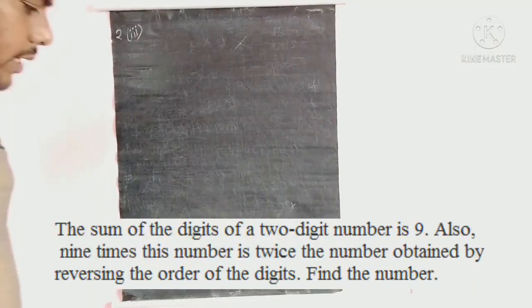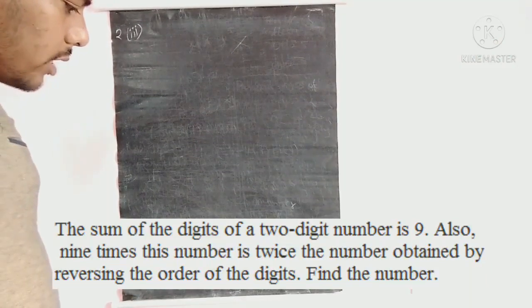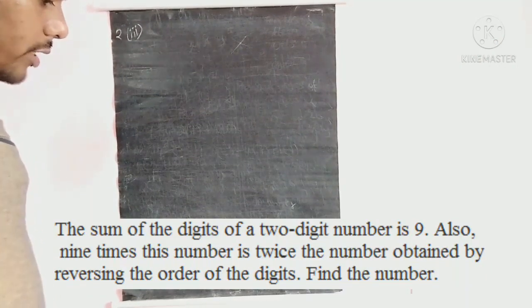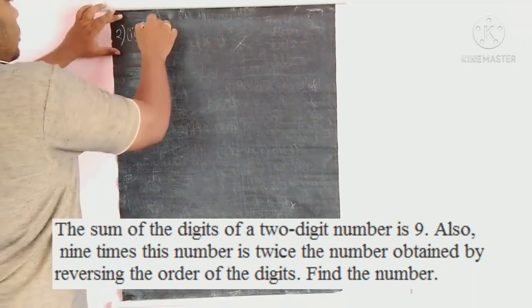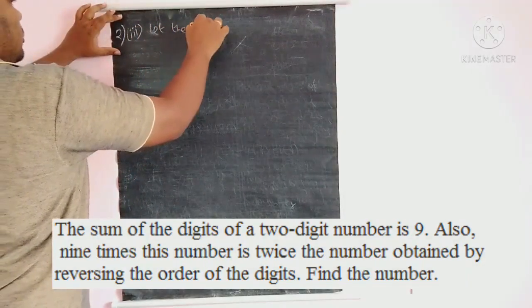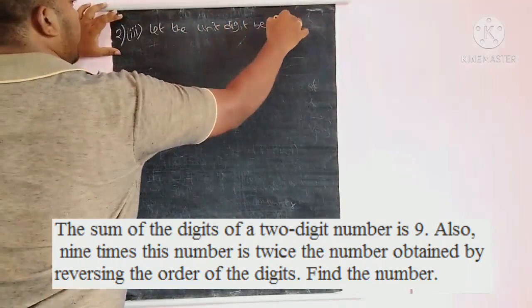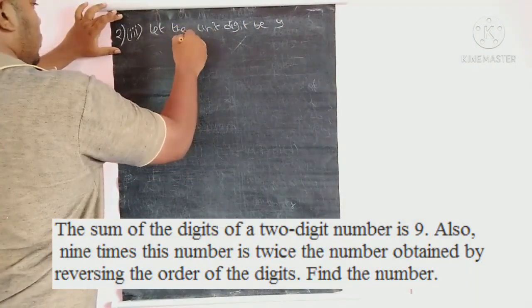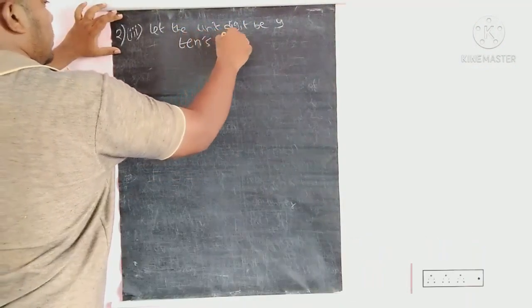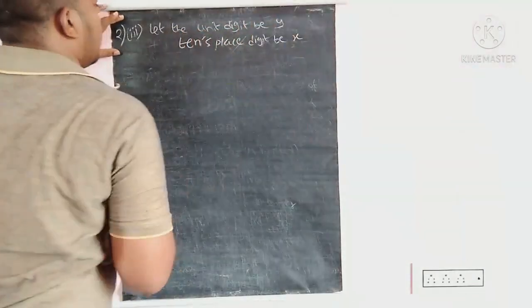So in the third problem, they said the sum of the digits of a 2-digit number is 9. Also, 9 times the number is twice the number obtained by reversing the order of the digits. Find the number. First, let the units digit be y and the tens place digit be x.